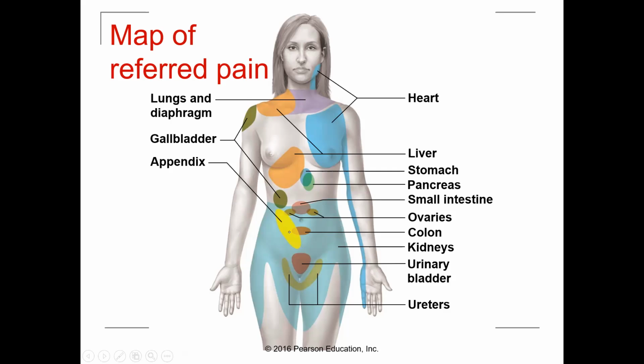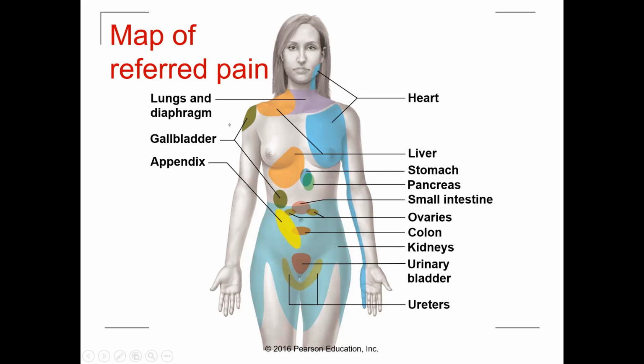We see the appendix pain can stretch anywhere across this quadrant in here. This is kidney pain, can be anywhere on the flank, on the side, down the inside of the legs. All of this can be affected by the pain from the kidneys.